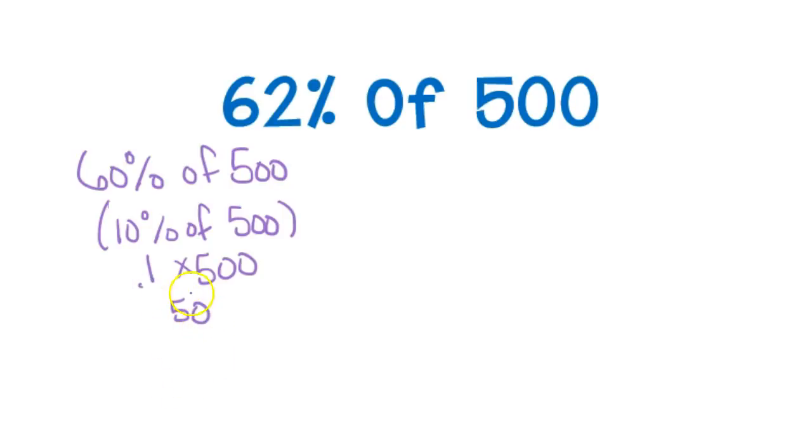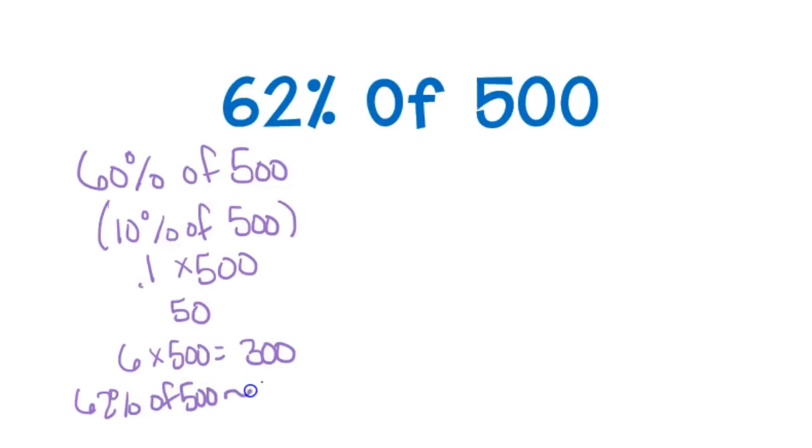Once we know that, we know that 10% to get to 60 is approximately 6 of these, so 6 times 50 gives us 300. So we know that 62% of 500 is approximately 300.